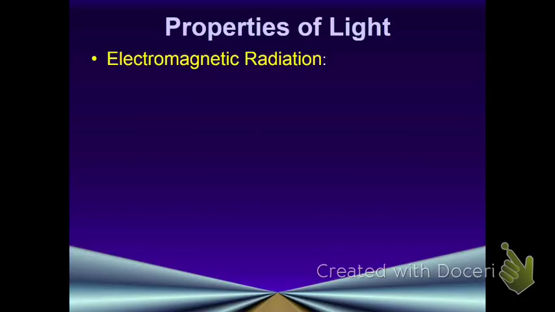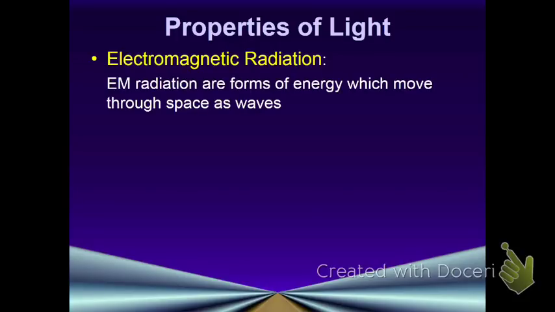So first of all light, or all energy, is in the form of electromagnetic radiation, and of course that is coming from the sun. Electromagnetic radiation, or we call it EM radiation, are forms of energy which move through space as waves.